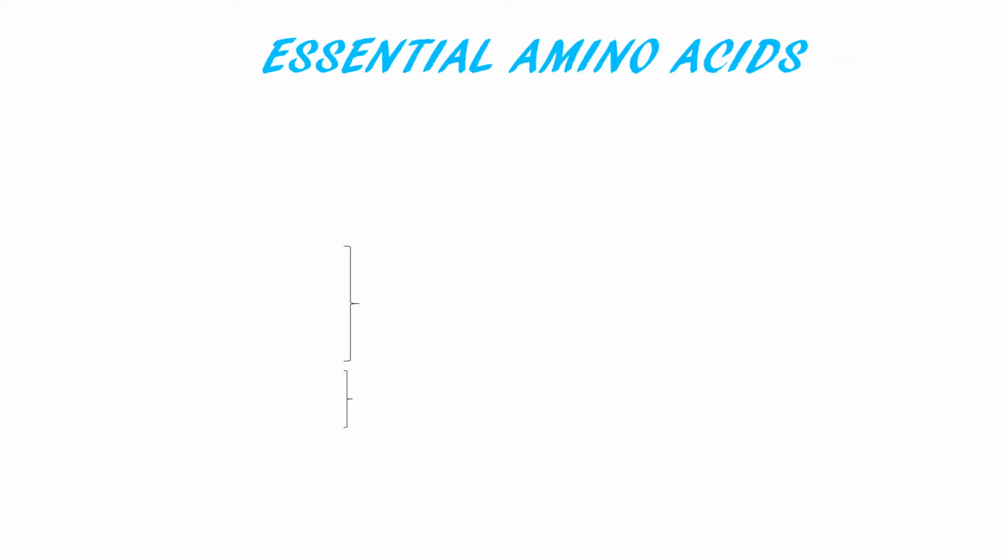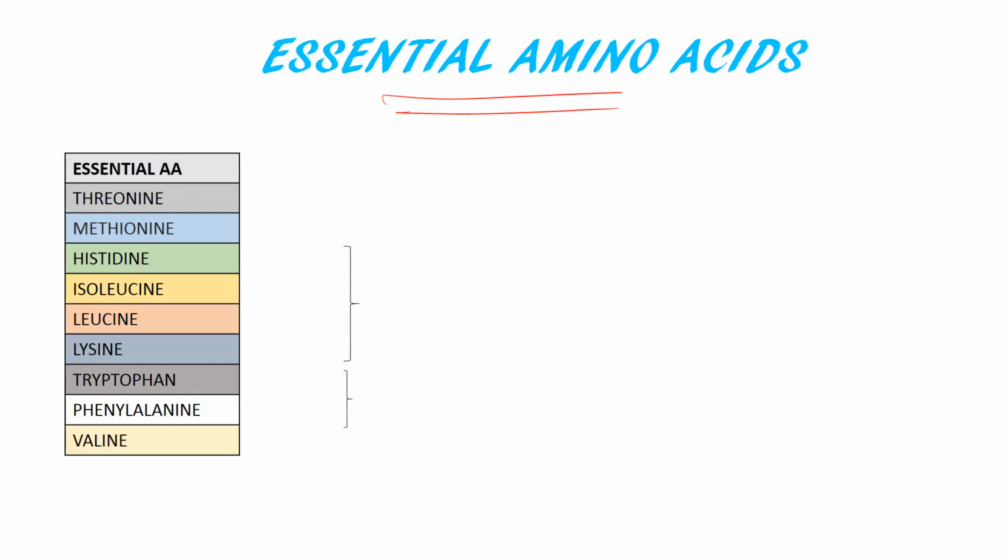Next are the essential amino acids. The essential amino acids include threonine, methionine, histidine, isoleucine, leucine, lysine, tryptophan, phenylalanine, and valine. The trick is very simple: tremendous mountain hilltop view. The mountain hilltop view is very tremendous.